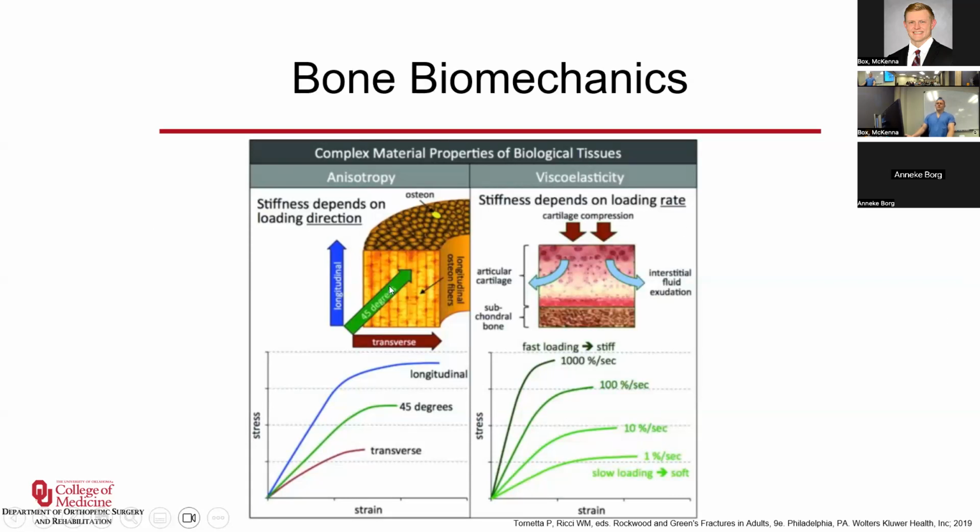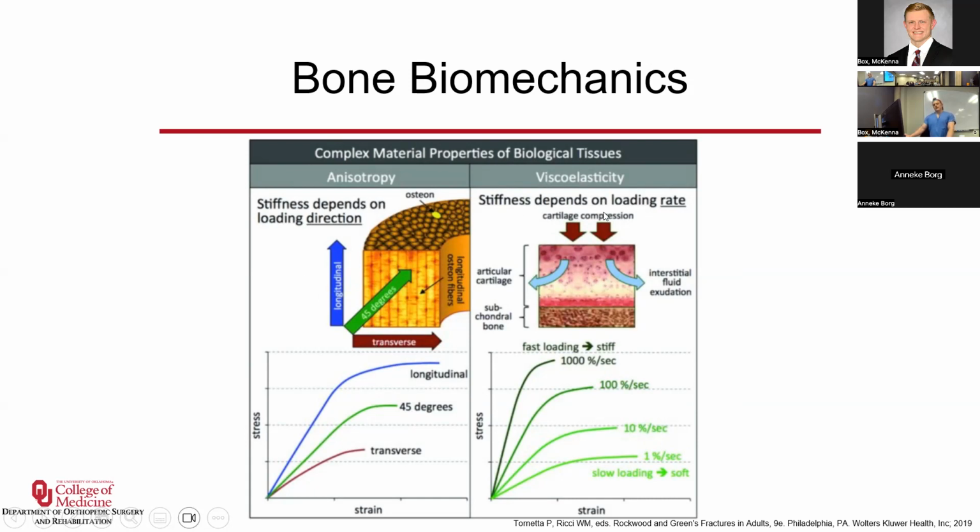Anisotropy is where the stiffness of the bone depends on the loading direction. Your bones, you're walking on them, they're straight up and down. That's where it can withstand the most amount of strain. But whenever it has a transverse force put upon it, that's where it's weakest. So that's where a lot of fractures happen, due to loading that overcomes its stiffness and leads to it breaking.